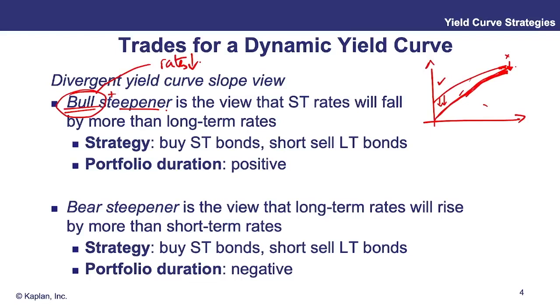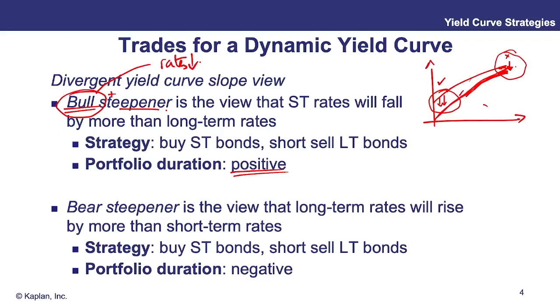So really what you're saying is you're going to go overweight short-dated bonds, underweight long-dated bonds. That's really what you're going to do with this strategy so that you get an overall positive duration. It doesn't have to be that you just purely buy short-dated bonds and short sell long-dated bonds. It's that you're going overweight short-dated bonds and you're going underweight long-dated bonds.